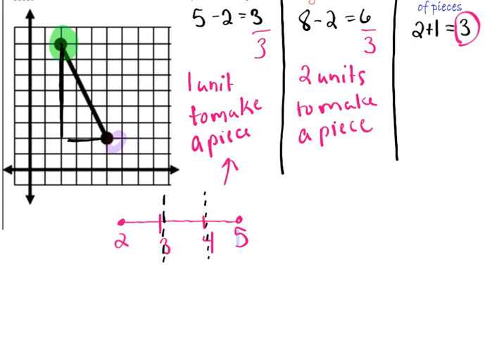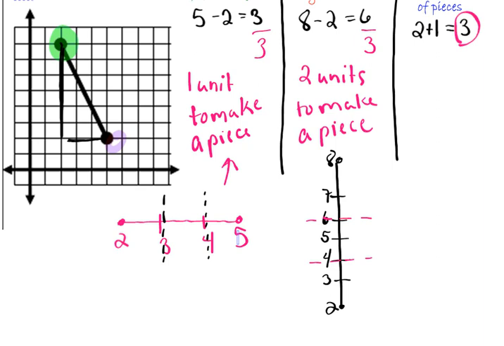Now, in my vertical distance, this is 2, 4, 5, 6, 7, 8. All right, it takes 2 units to divide my piece. So it takes every 2 units. So I have 3 pieces.